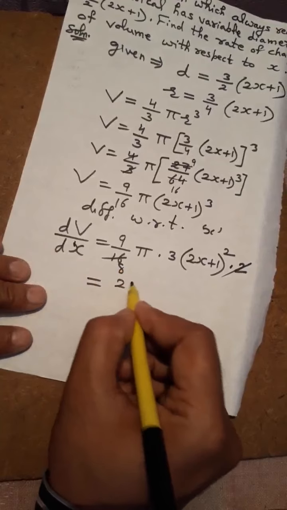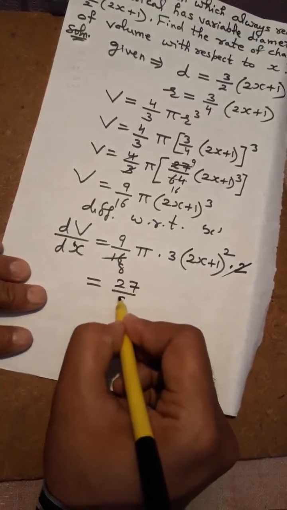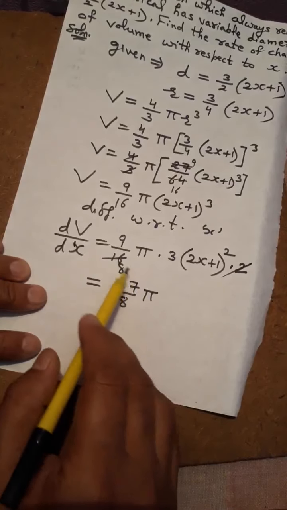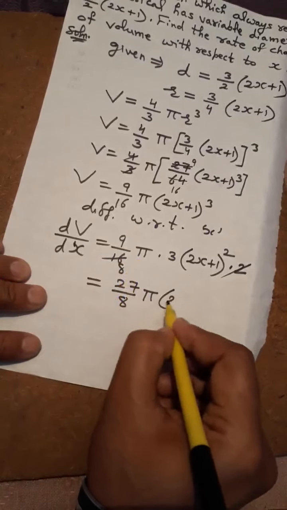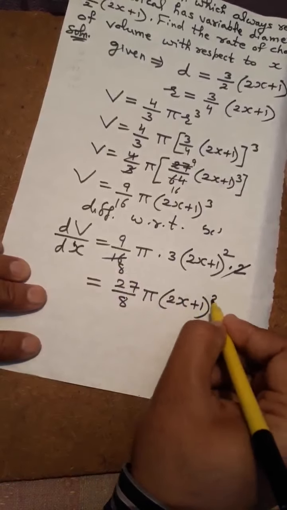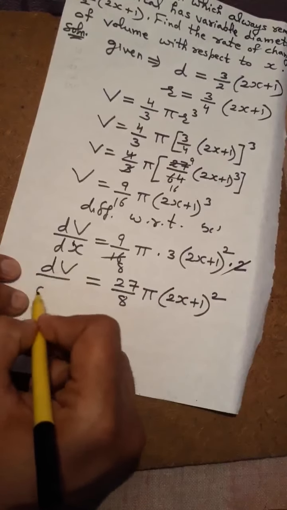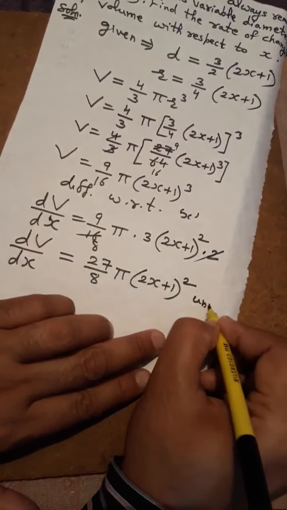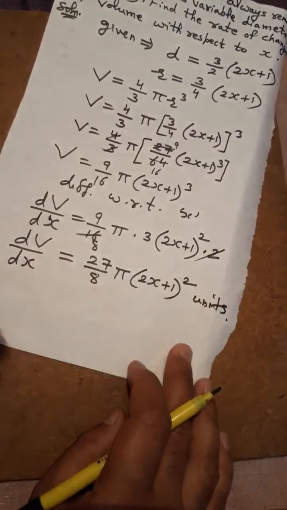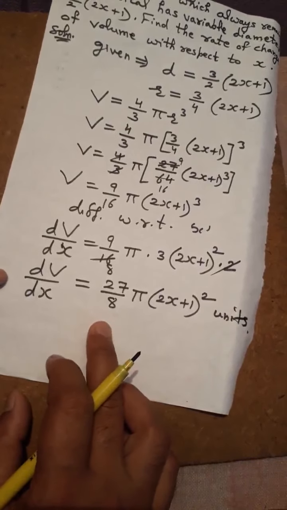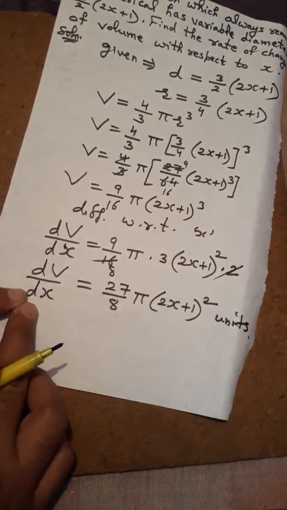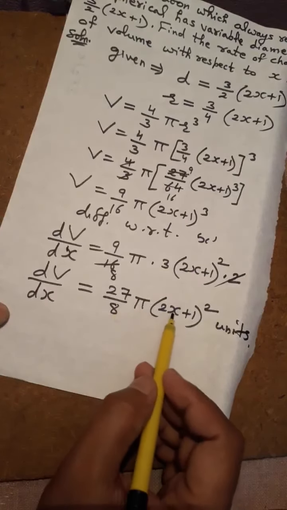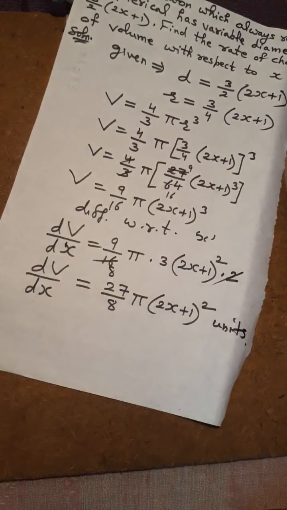So it is 27 over 8 pi into 2x plus 1 whole square. So this is the rate of change of volume with respect to x. Its answer is 27 by 8 pi into 2x plus 1 whole square.